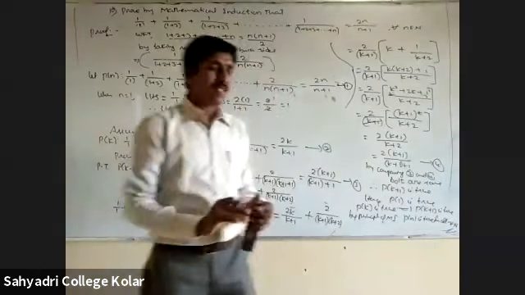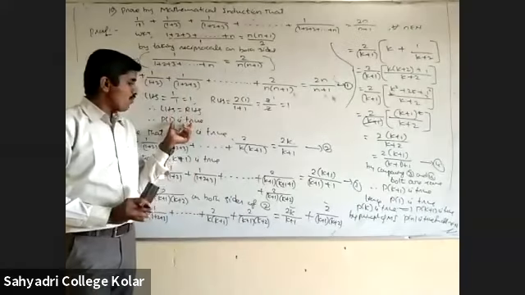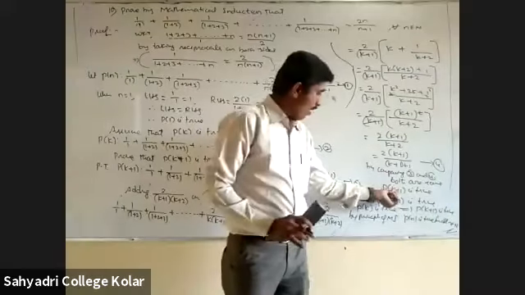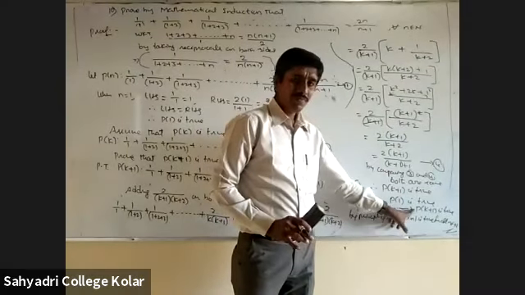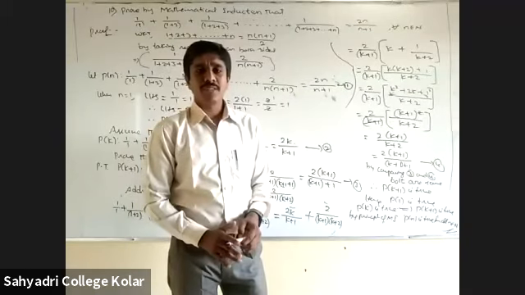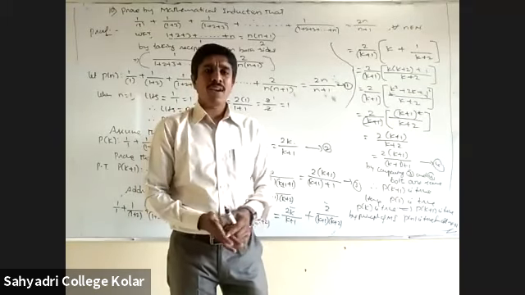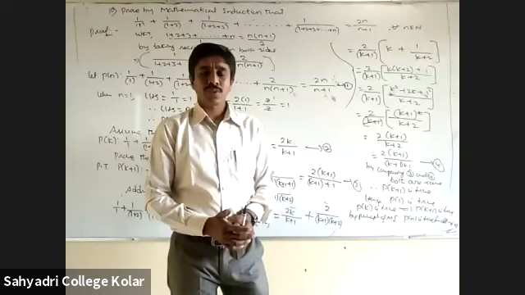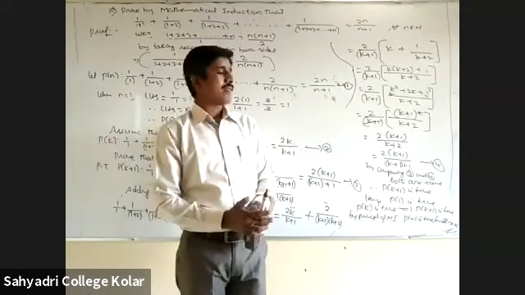Finally, the first statement P(1) is true, P(k) is true, and P(k+1) is true. By the principle of mathematical induction, P(n) is true for all n belonging to the natural numbers.